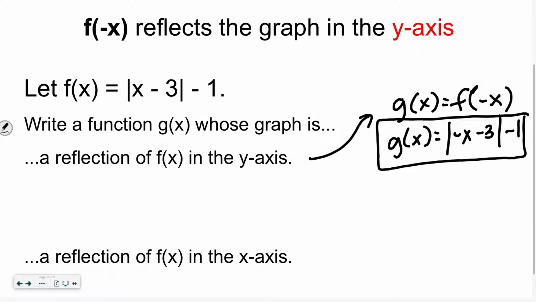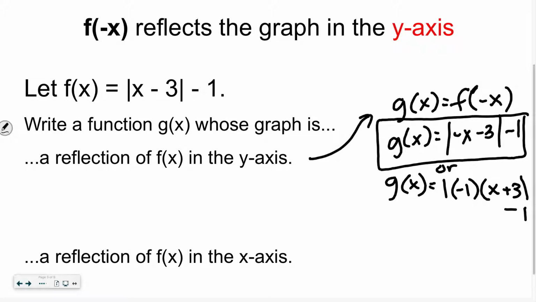Because, if you look at these two values, they're both negatives. So you could factor out a negative. So this would be g of x equals the absolute value of, and then you would have negative 1 times x plus 3, and then your minus 1 in the back.